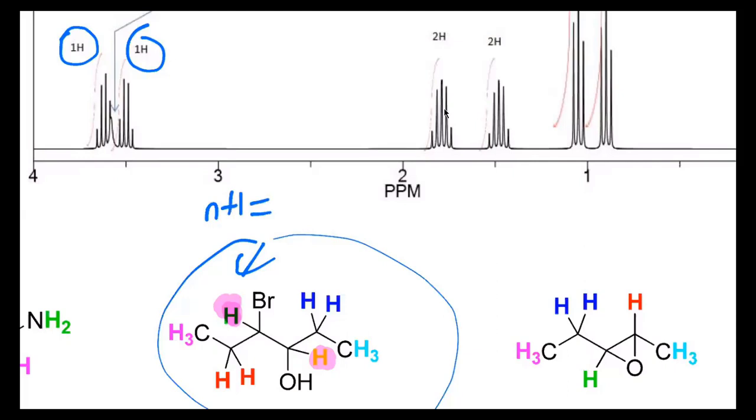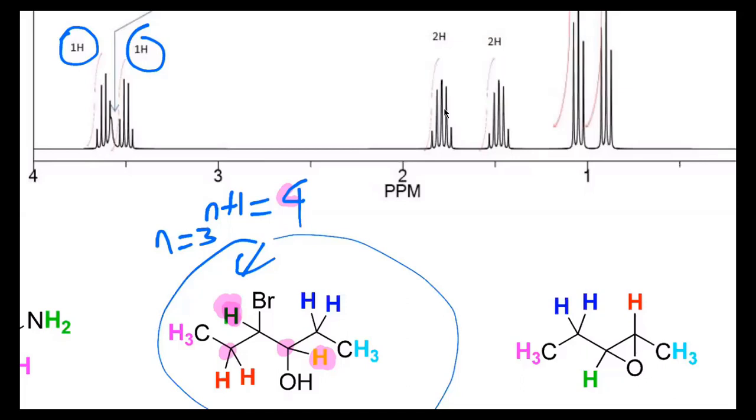Remember, the neighbors have to be bonded to the carbon where the hydrogen is. That would be 3 neighbors, right? So the signal should be a quartet, because N equals 3.